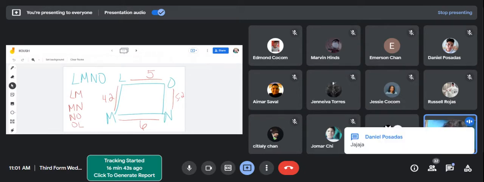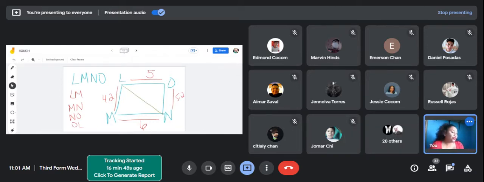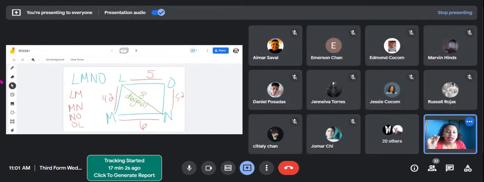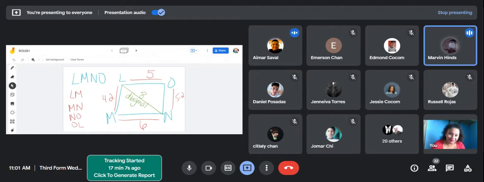L, and I connect it to N. LN is 8. This is my diagonal. Does everybody understand now? Good. So, this is what I'm going to be constructing now.